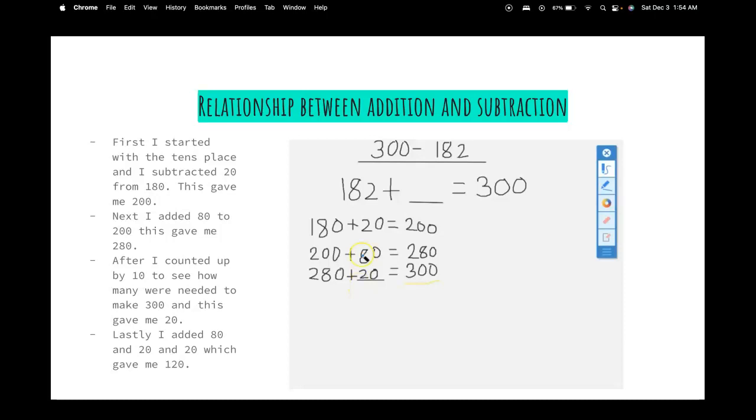So we're going to start with these numbers and add them together, and this gives us 120.